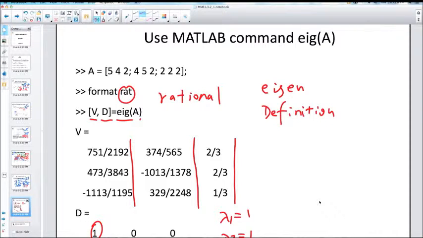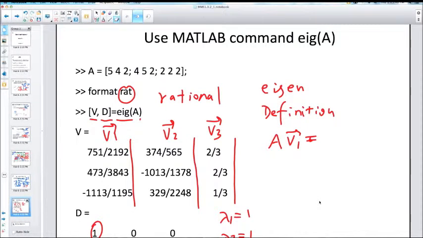So if you go to the detail of the definition, let me call the first one lambda 1. This is V1. Second, V2. This V3. You should realize this, A times V1 equals lambda 1 V1.